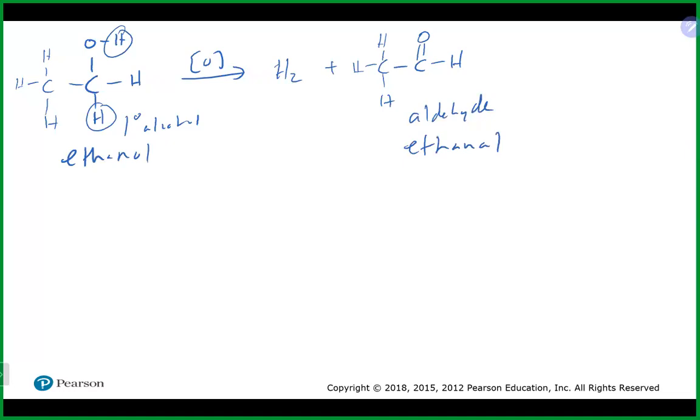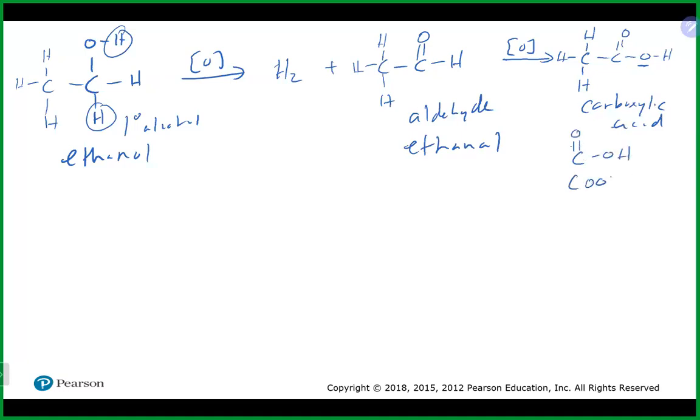This guy, as we talked about, can then be oxidized one more time. And again, we're going to insert the oxygen in here, as we just saw on that one slide, to make our carboxylic acid. Which, by the way, in case you're curious, carboxylic acid has the functional group of carbon, oxygen, OH. It is sometimes written as COOH in formula.